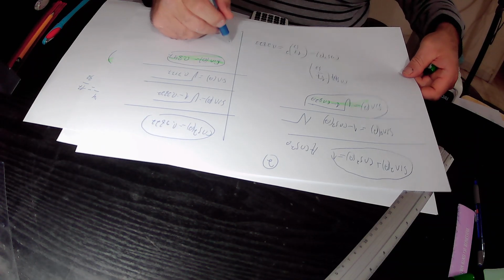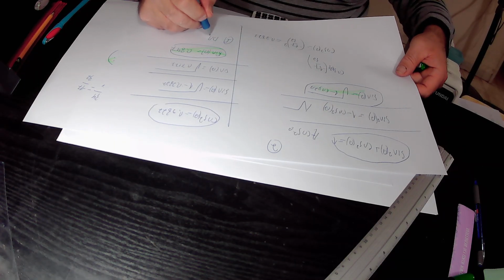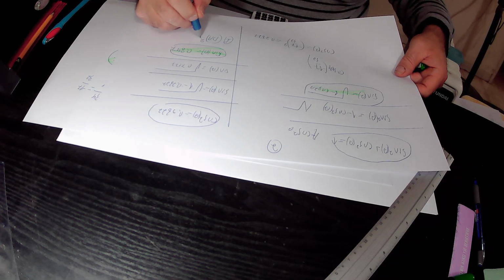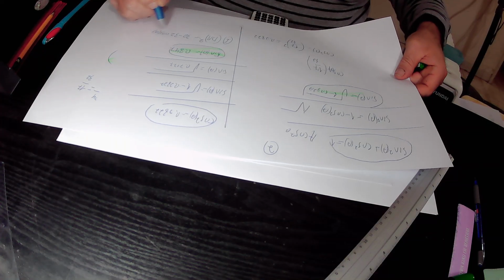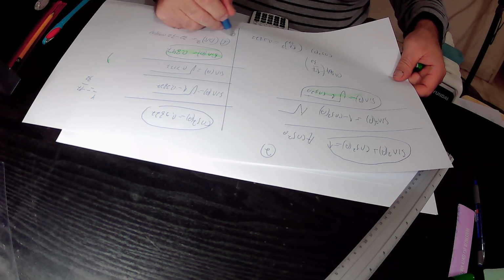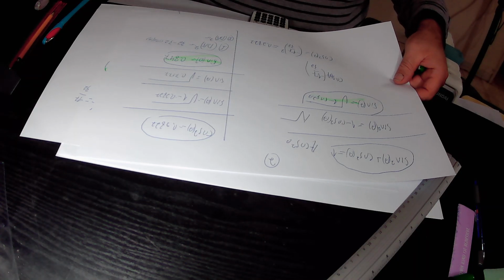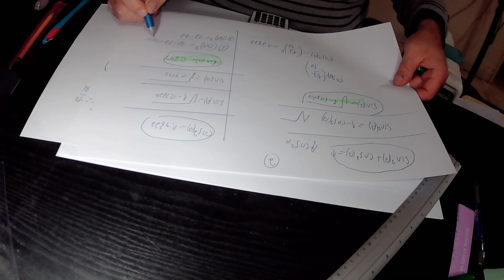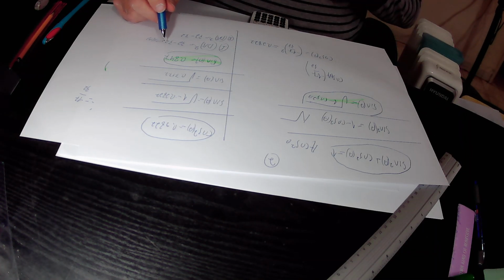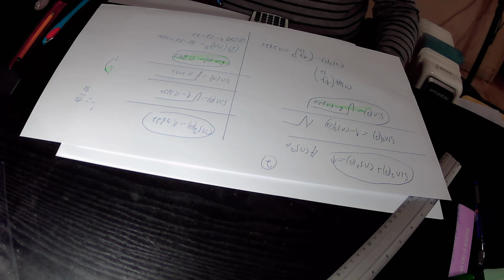DB squared equals 32 minus 32 times cosine theta. Cosine theta equals minus 17 over 32.